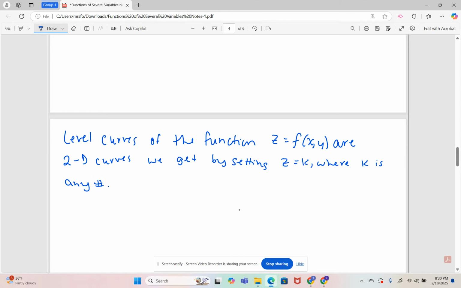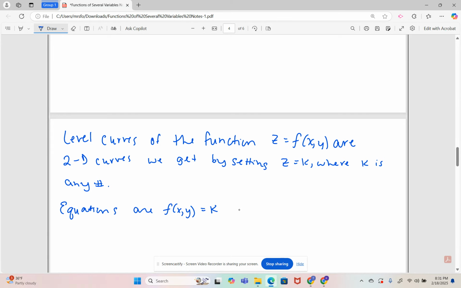So the equations of the level curves are f of xy equals k, because if z equals f of xy, then k equals f of xy.